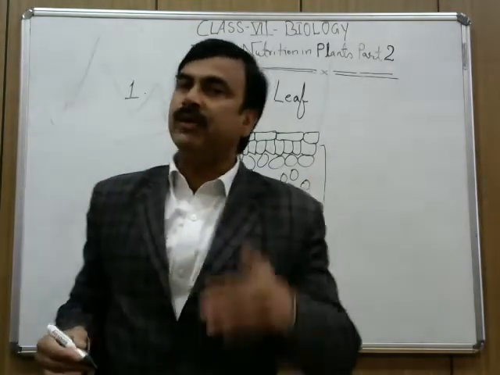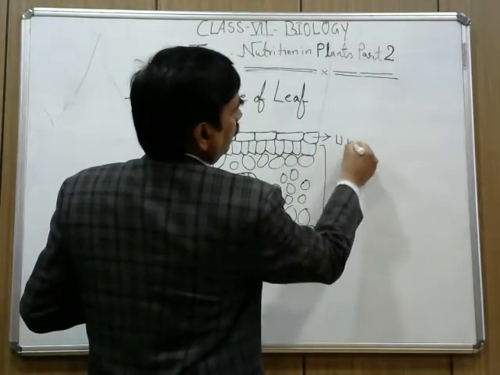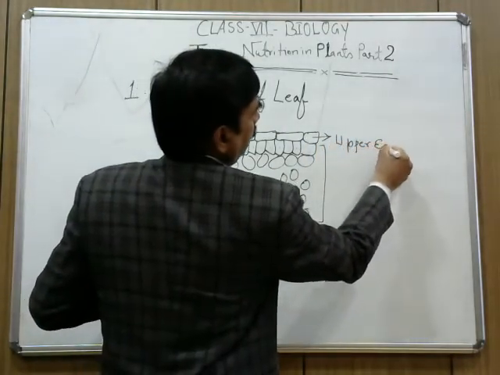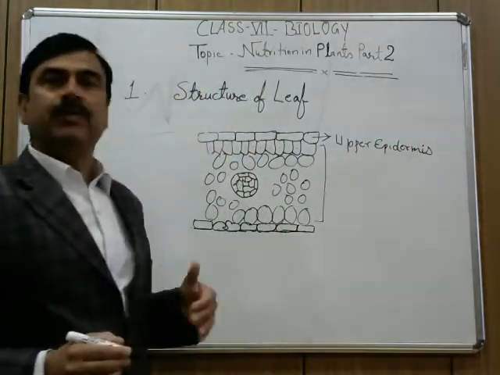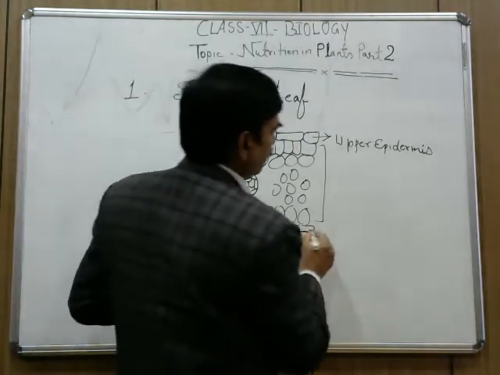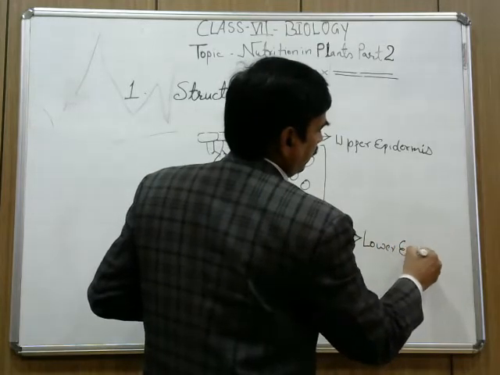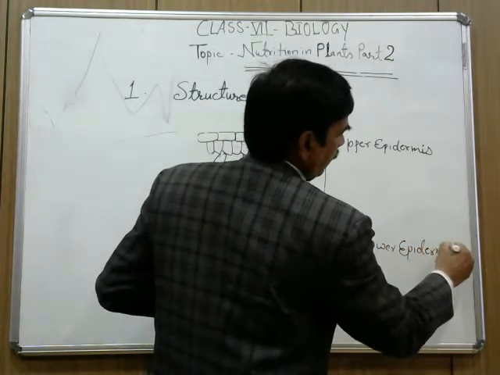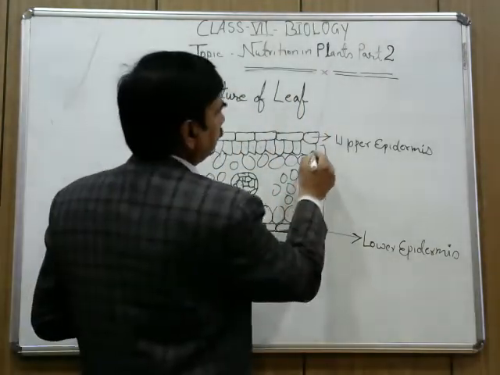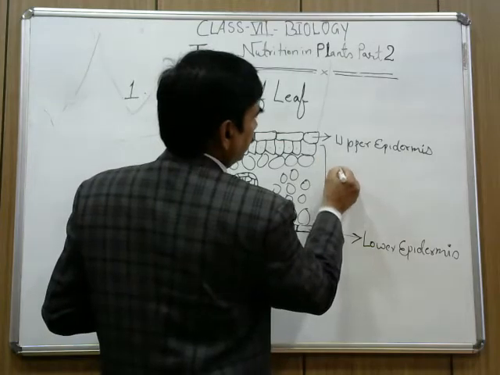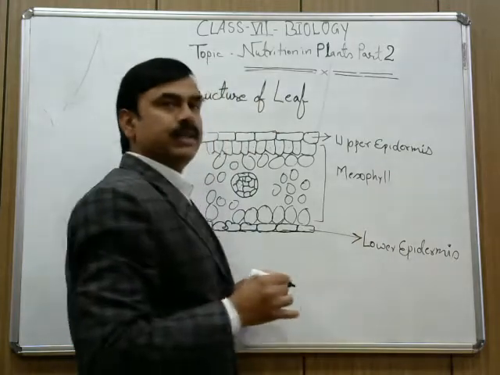What you have to do for this structure is label the upper epidermis. There are 4 labelings. And mesophylls.